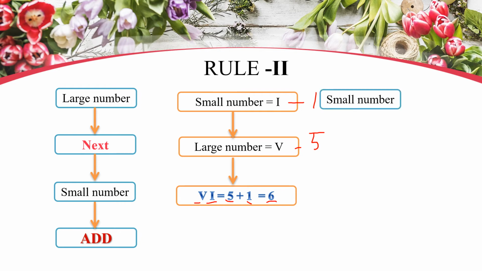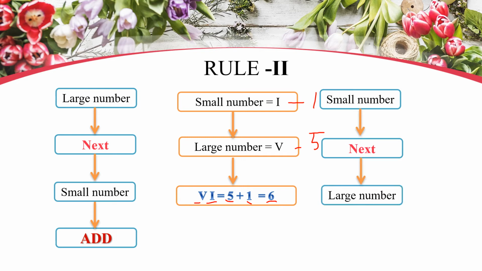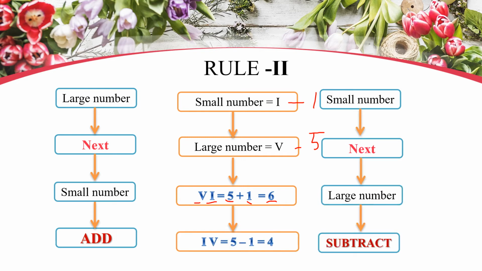Okay, smaller number next to a larger number, we need to subtract. That is IV. I is a smaller number, V is a larger number. So small, large, we need to subtract the value. That is 5 minus 1 equal to 4.